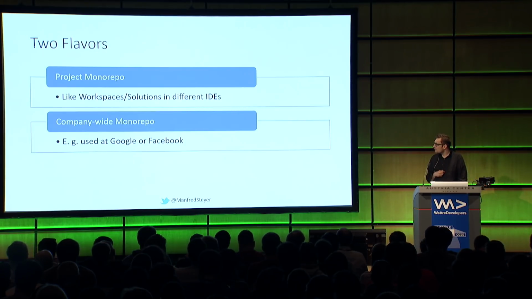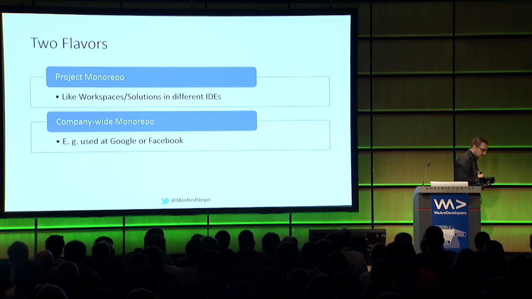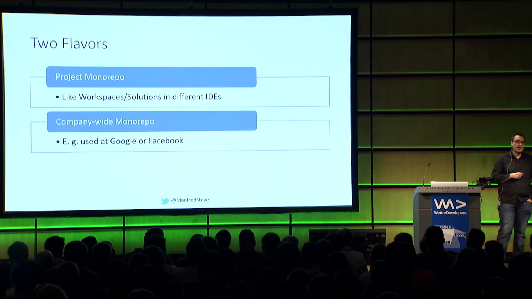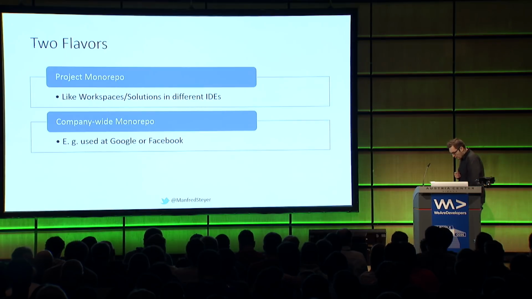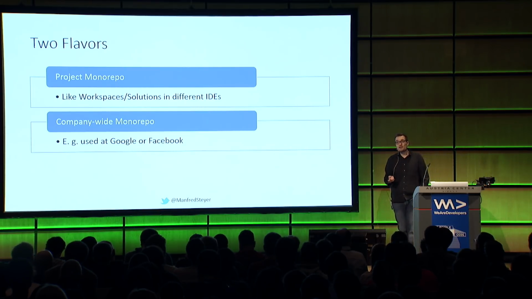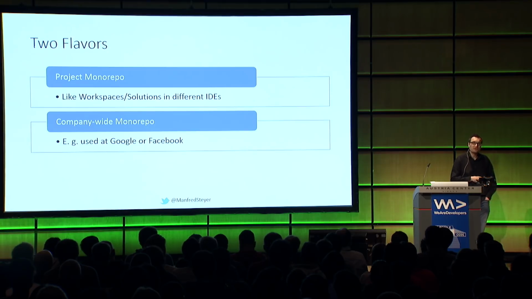But I think also for most of us, when you aren't Google or Facebook, the project monorepo is a nice thing because it holds everything together that belongs to your project. Perhaps you heard the saying that everyone at Google is using the newest version of Angular all the time. This is not because they want to, but because they have to.